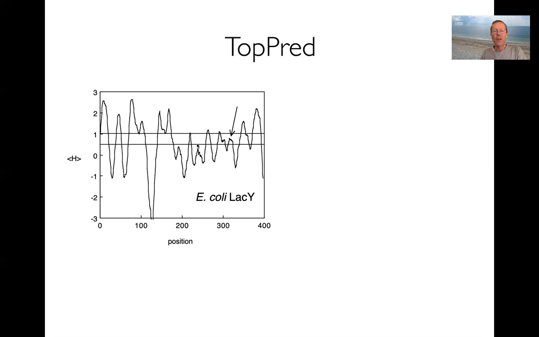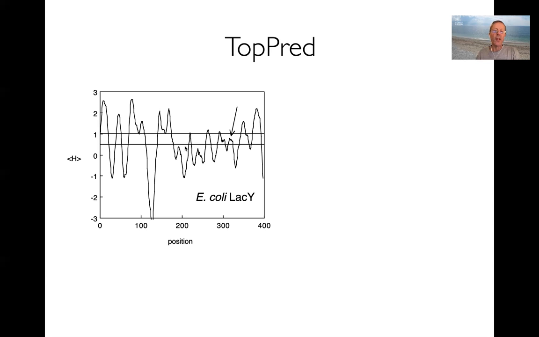So what was done in TopRed at this point was to define a second cutoff value that was pushed downwards so far that any peak falling below that cutoff, in a collection of known membrane protein topologies, was highly unlikely to be transmembrane, 99% likely not to be a transmembrane helix, right?